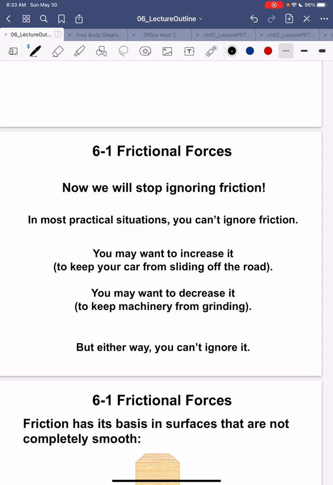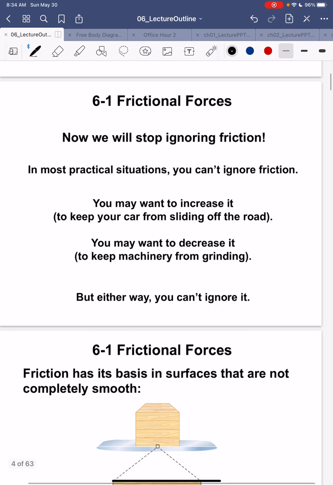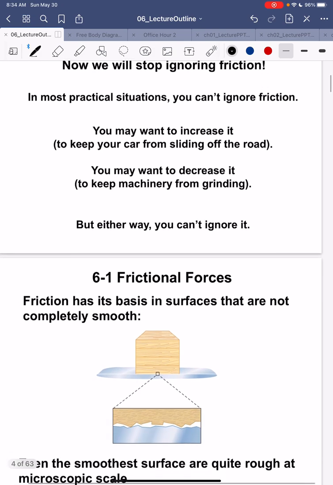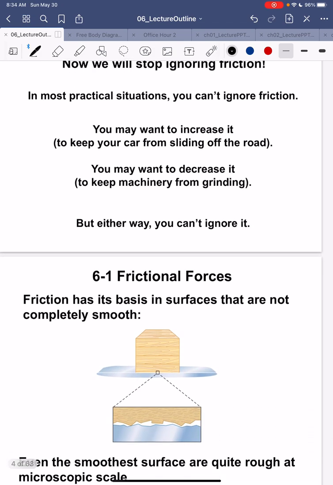And maybe we want to increase the frictional force by braking the car because the car is sliding, or we want to maybe have something that is working and we want to stop it. There are many other things that, as I said, we cannot ignore friction forces because it cannot be eliminated.